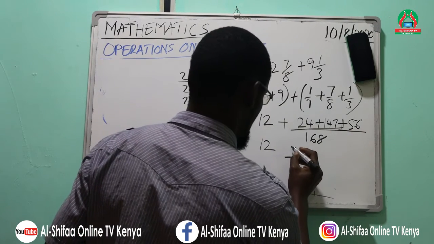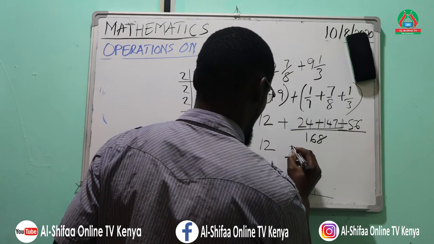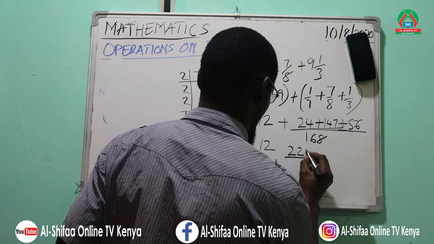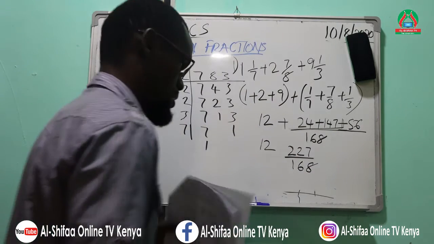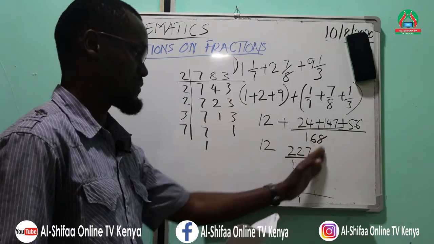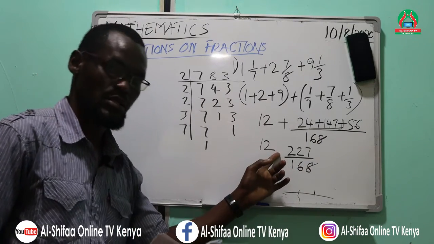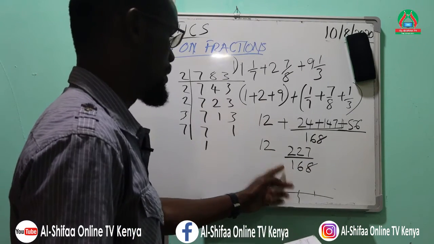We'll get 227 over 168. Still, it's in form of a mixed fraction because the numerator is bigger than the denominator.